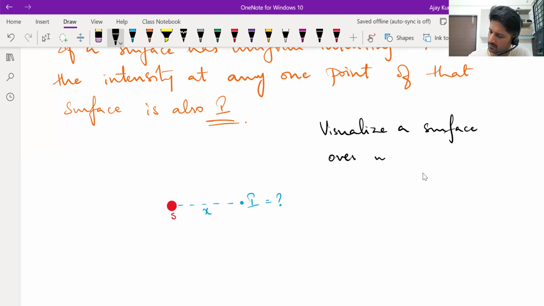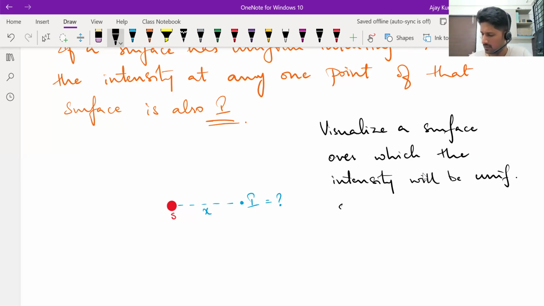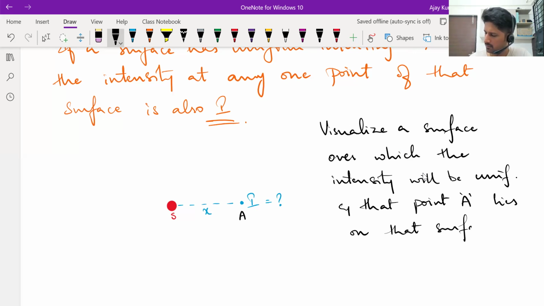Over which the intensity will be uniform, and that point, okay, we call that point A, and that point A lies on that surface. How will such a surface look?